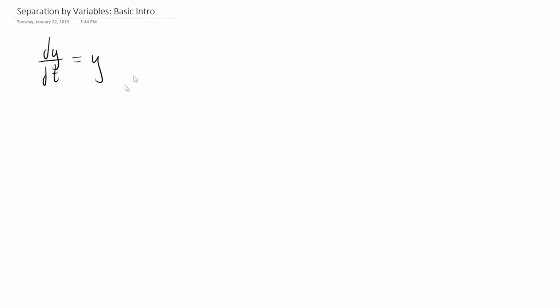We want to make this equation workable, and the easiest way to do that would be to move y over here, and we do that by dividing both sides by y. So then we'd get dy/dt times 1/y is equal to 1. And then we want to get this dt to the other side, so we're going to multiply both sides by dt.